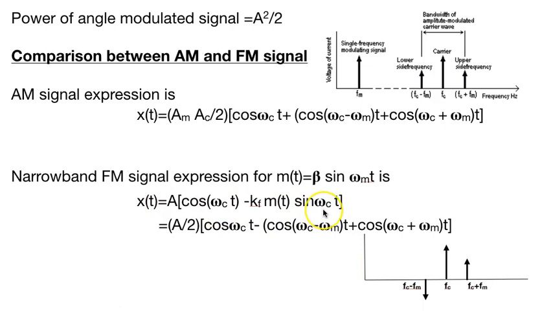If you put all these values, you will notice that the magnitude at omega c minus omega m frequency is negative, with a reversed amplitude at fc minus fm. The rest is all the same as the AM signal. So this is the small change that we find in a narrowband FM spectrum.